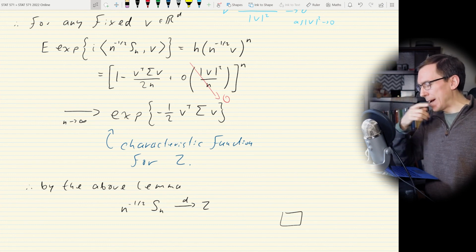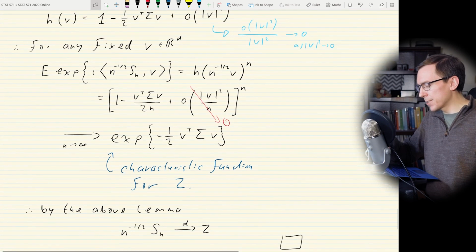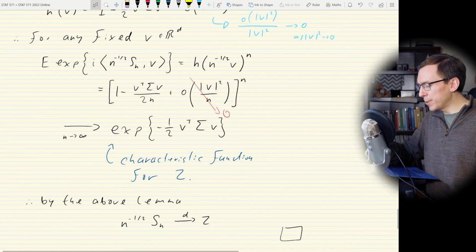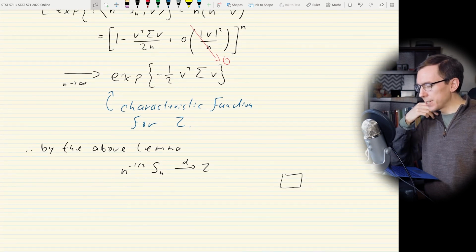In this case, it's all about convergence of the characteristic function, and it really relies on Taylor's theorem. What we're basically saying is use Taylor's theorem, use convergence of characteristic functions, and the fact that characteristic functions start to multiply when you add random variables. So that's all good stuff.